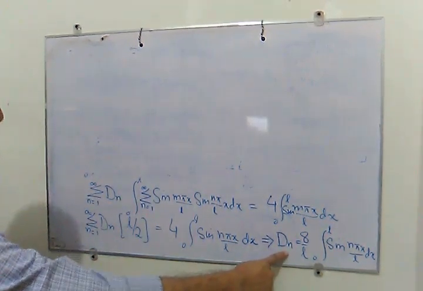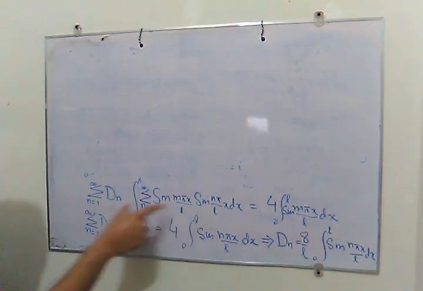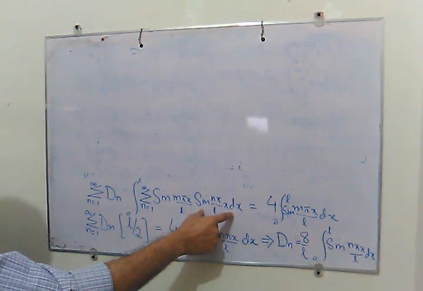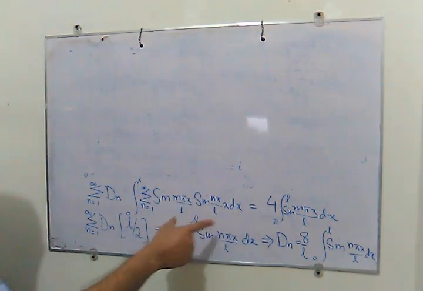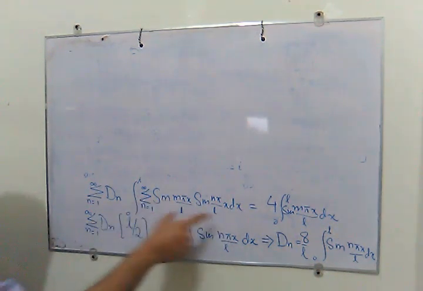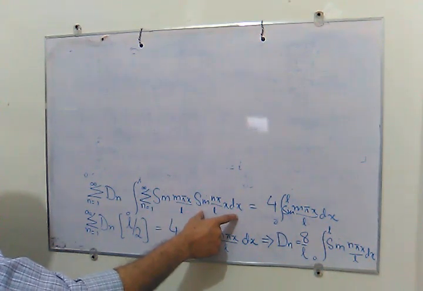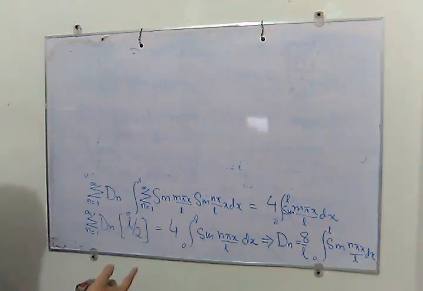Here I did not write the summation sign because when we solve that integral, each sine n pi upon L x has its own dn. When we integrate, we check sine m pi x against each term of dn sine n pi upon L x. So the only term that survived is when m is equal to n, and the rest of the terms become 0.